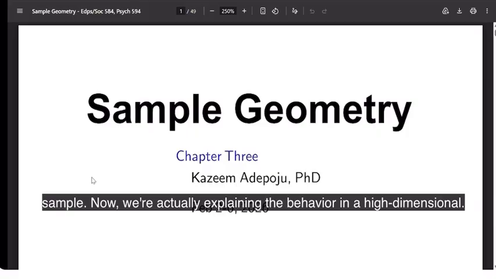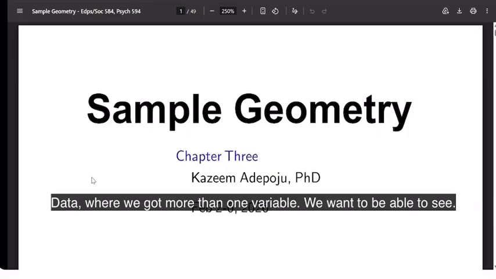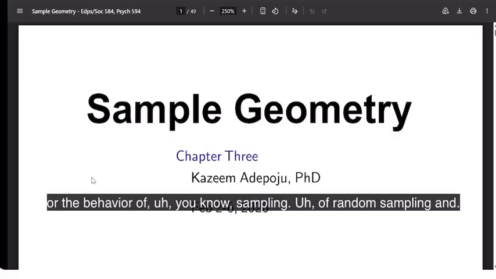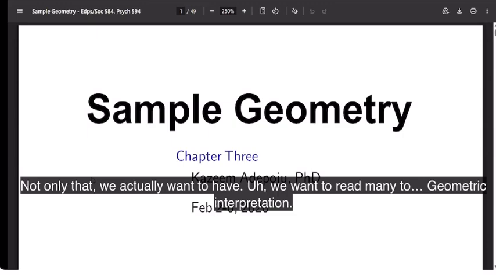Now we are explaining the behavior in high dimensional data where we have more than one variable. We want to see the behavior of random sampling, and not only that, we also want a geometric interpretation.